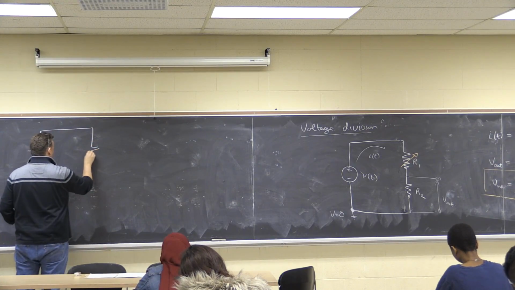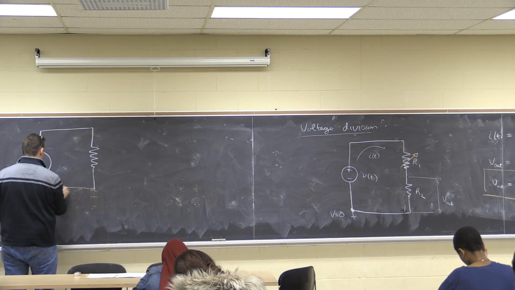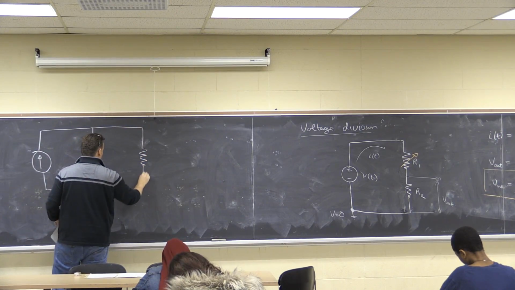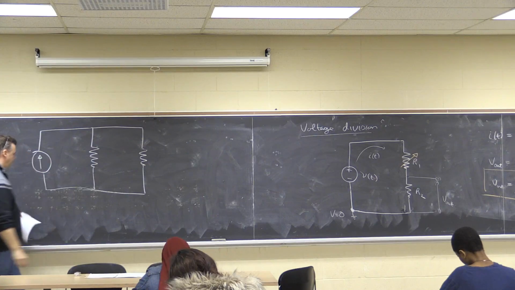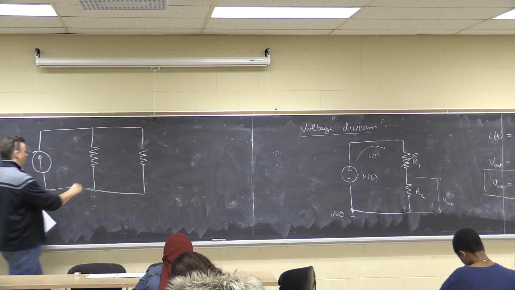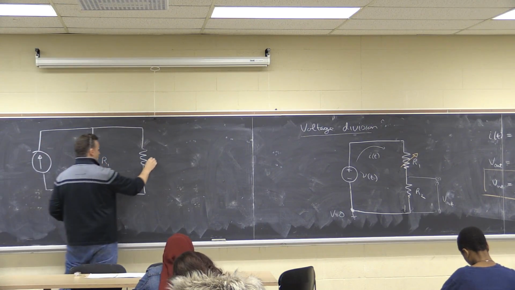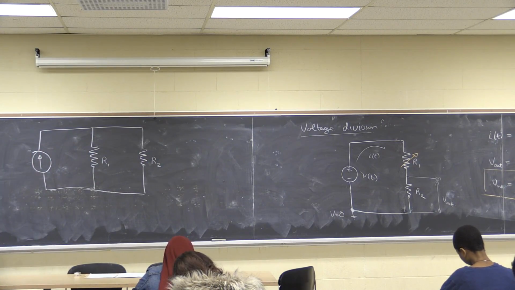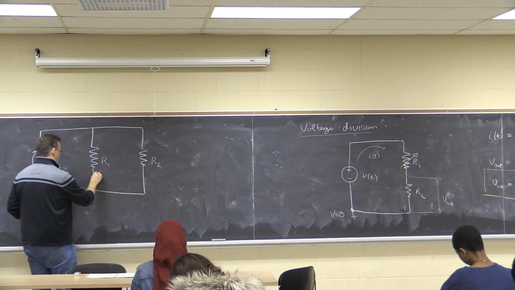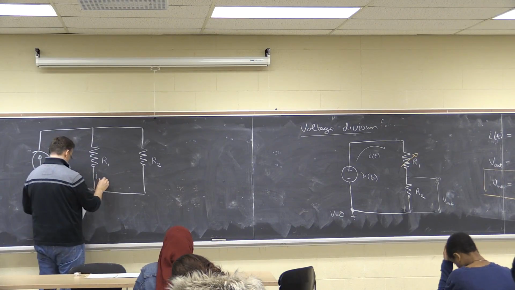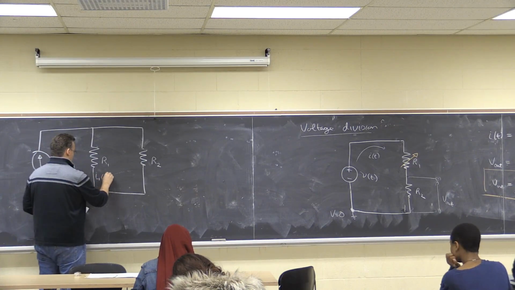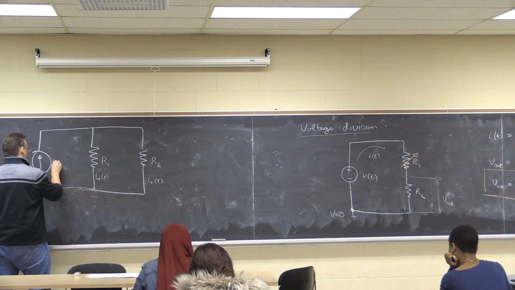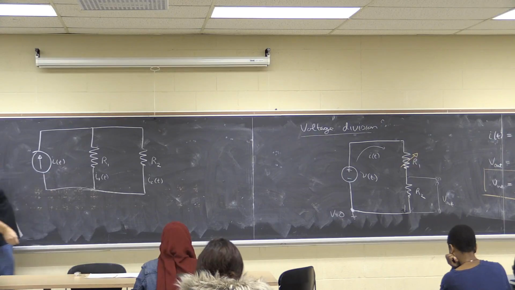I'm going to connect it to one resistor, and in parallel another resistor. Call this R1, R2. And we can define two currents. We can define the current I1, which may be a function of time, I2, which may be a function of time, and this is the total current I, which is a function of time.